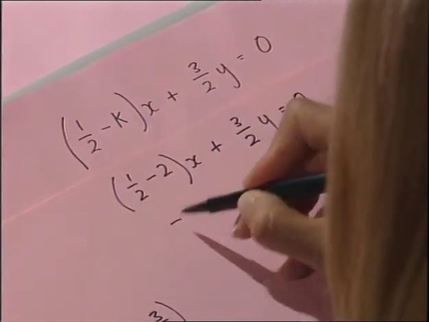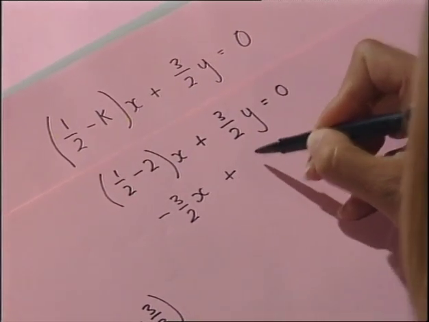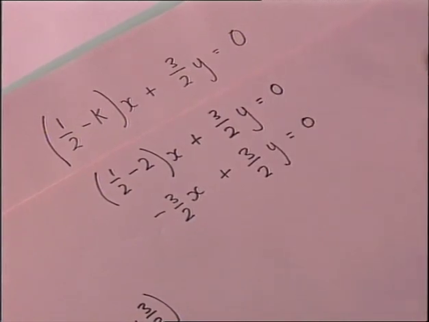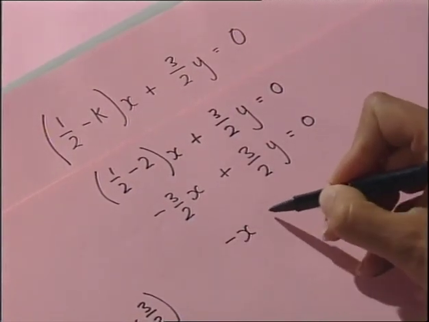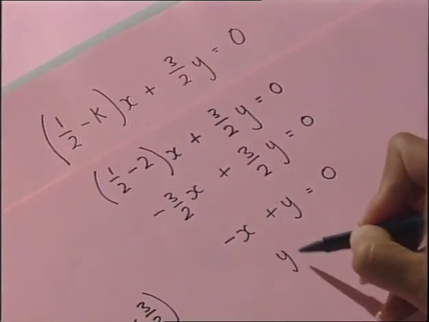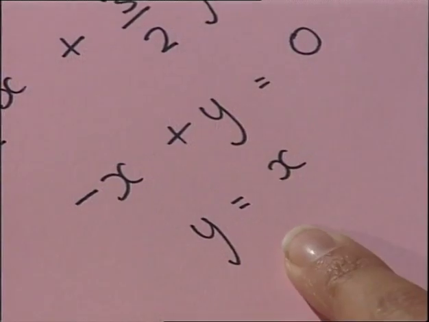That is negative 3 halves x plus 3 halves y equals 0, which is negative x plus y equals 0, which means that y equals x. I could have substituted this value of k into the second equation and obtained the same result, which is a good check. So we have an eigenvalue of 2 and an eigenline y equals x.